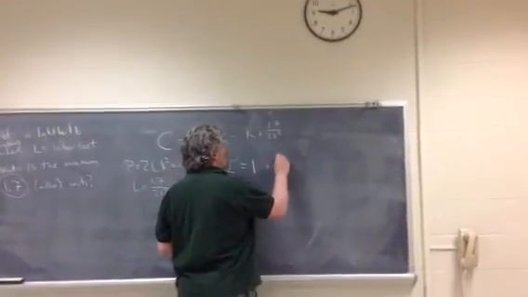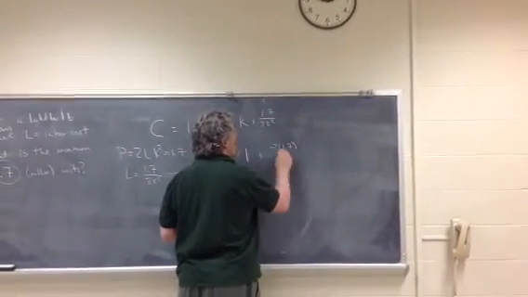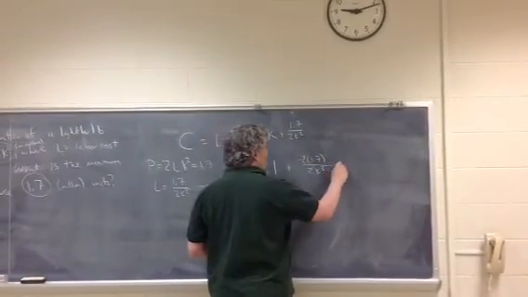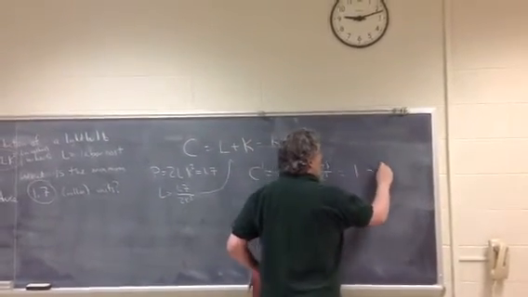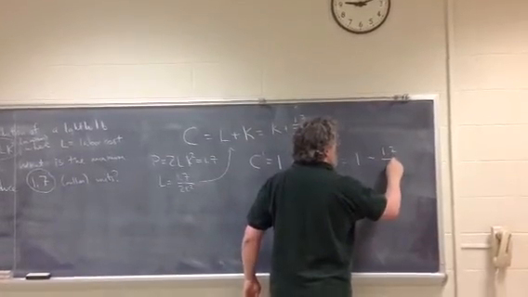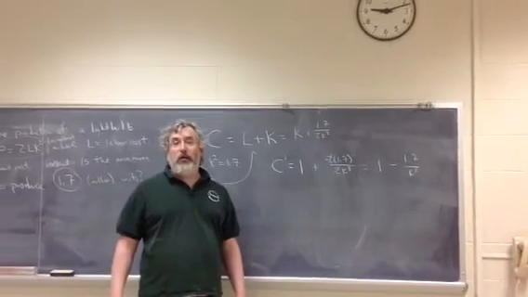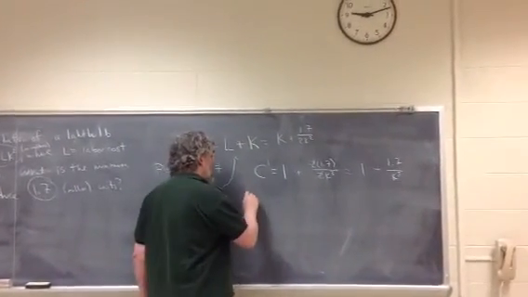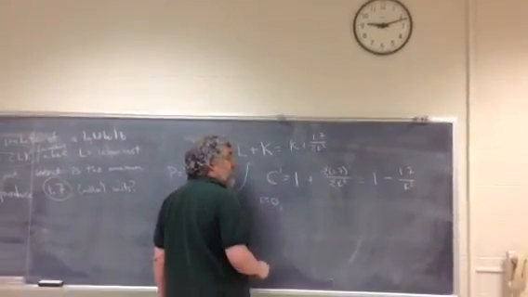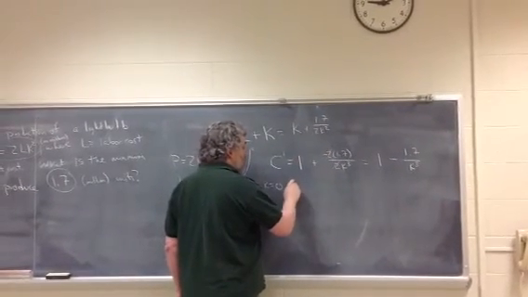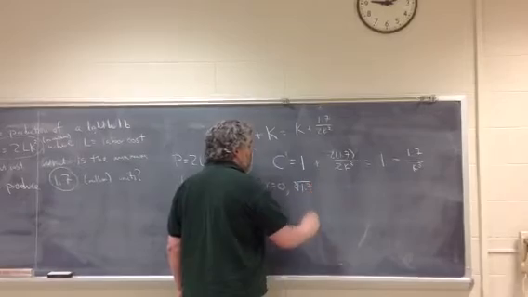So, I get that. I actually have two critical points. One is when k is 0. And the other, if you set that to 0, solve it, you get the cube root of 1.7.